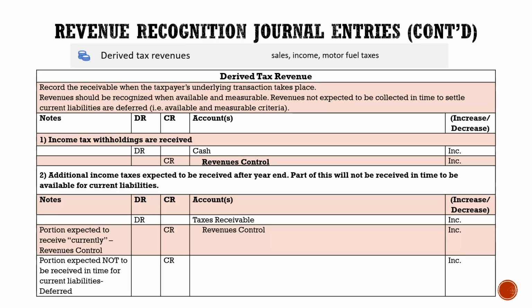This could be income taxes control if you were looking at the subsidiary ledger for it. Now, finally, we're going to have to credit the deferred revenues income taxes. This is the portion that we don't expect to receive in time to pay current liabilities. This is the portion of it that violates the availability portion of our measurable and available, right? So again, this is just kind of a liability. We're deferring that revenue to a future period.